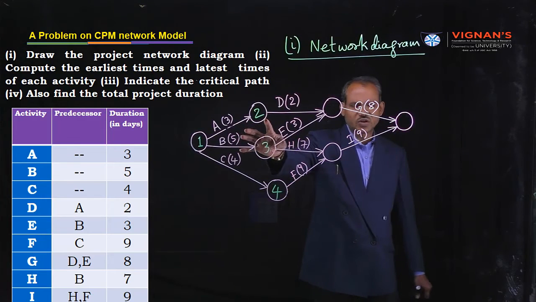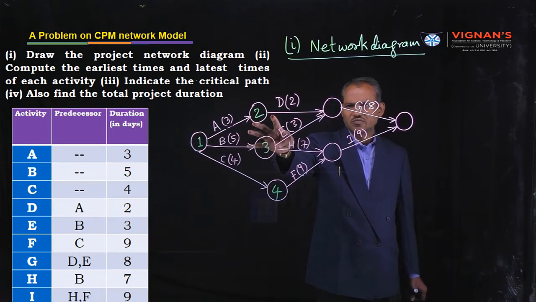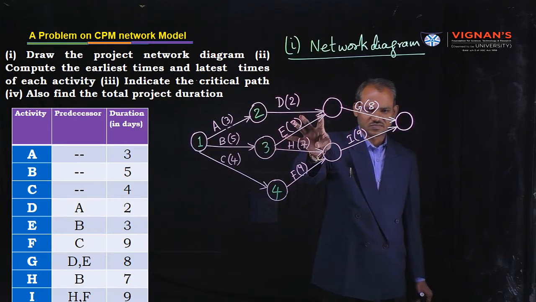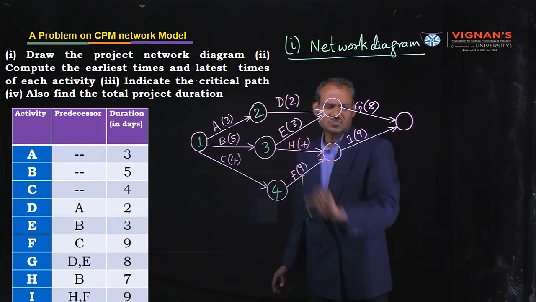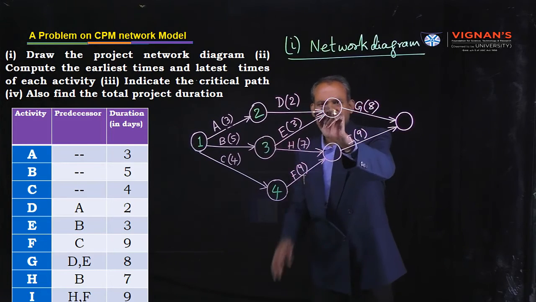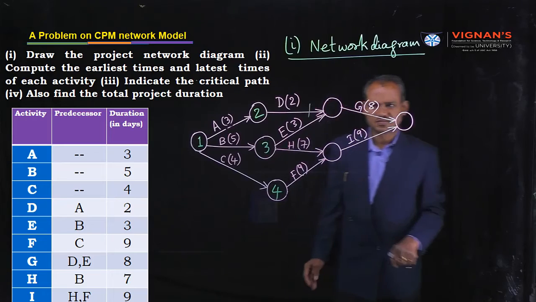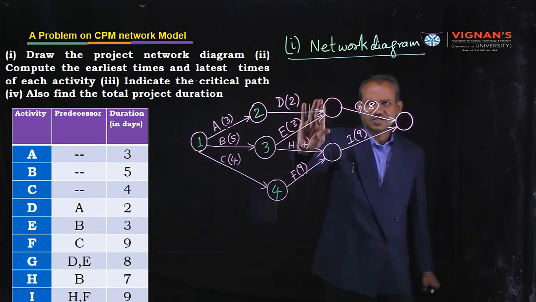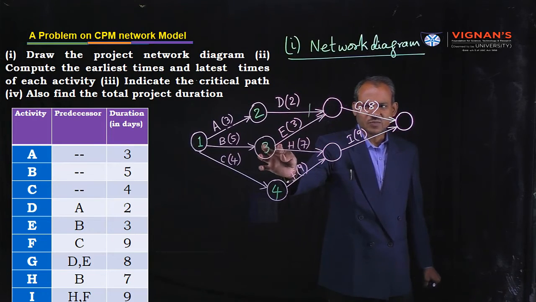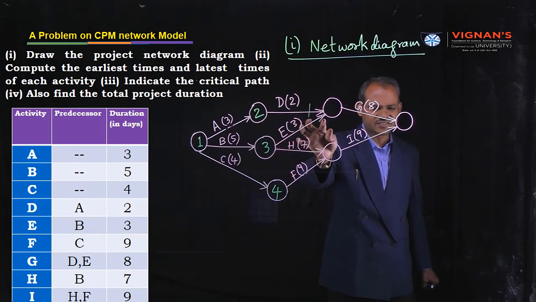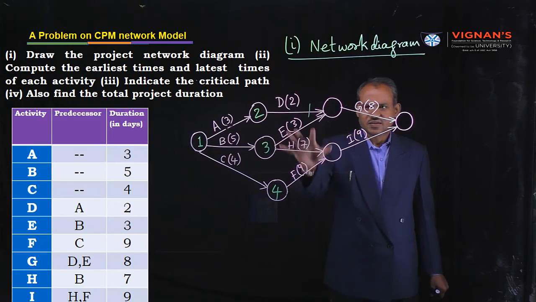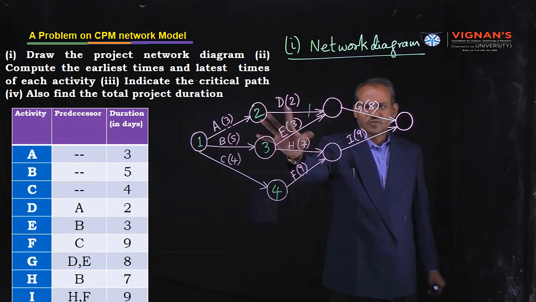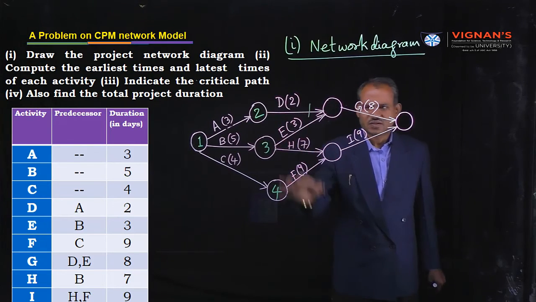Consider node number 2. From node number 2, one arrow is coming. First of all, consider this arrow and remove it. What happened? If we remove this arrow, one more arrow, that means E activity, is entering into this node. Therefore, don't give a number.